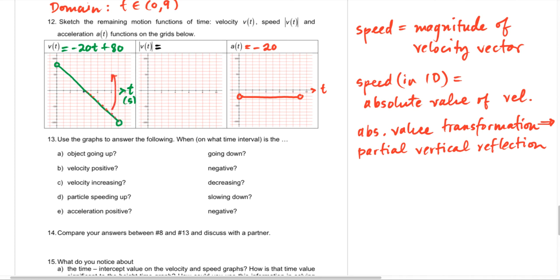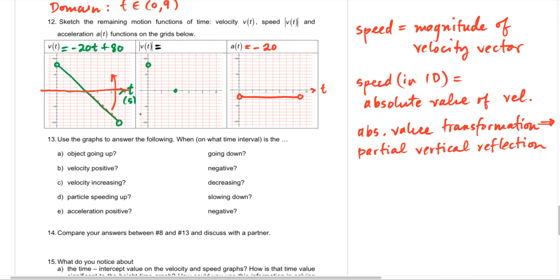So we are going to flip this velocity graph through the time axis so that we have no negative velocity values when we're done. And so we can do that by recognizing the same 3 points here. We have 0, 80, we have 4, 0, and then we have 9, negative 100. But that point is going to be reflected to 9, 100.